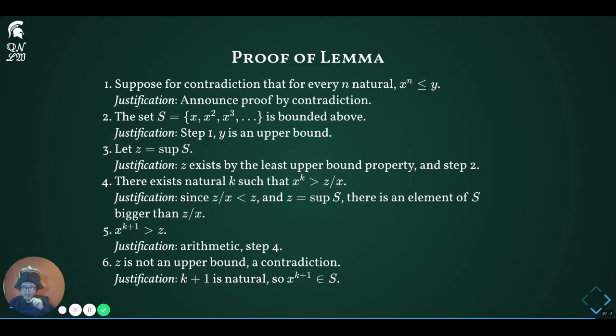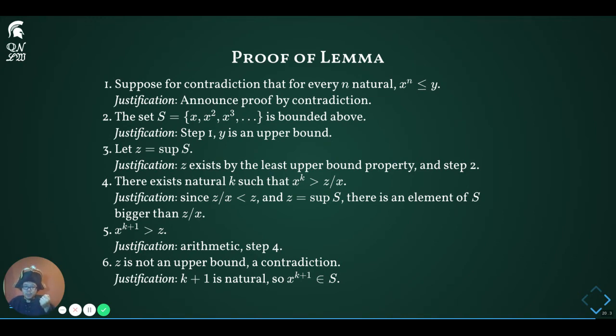Since z divided by x is less than z, it cannot be an upper bound of the set S. So there must be an element of S that is larger than z over x. As elements of S are powers of x, we conclude that there is a natural power k such that x to the power k is larger than z over x.